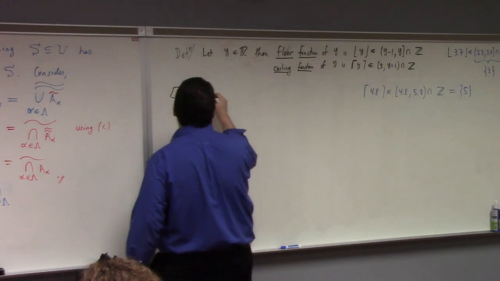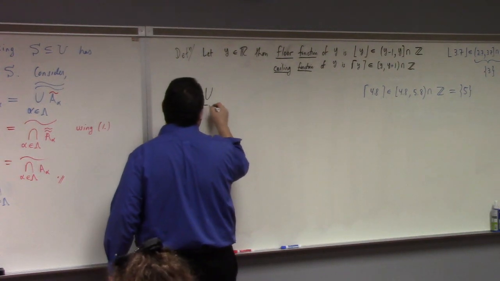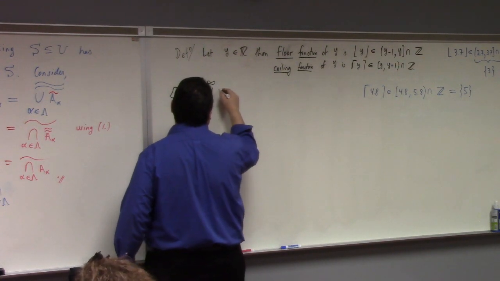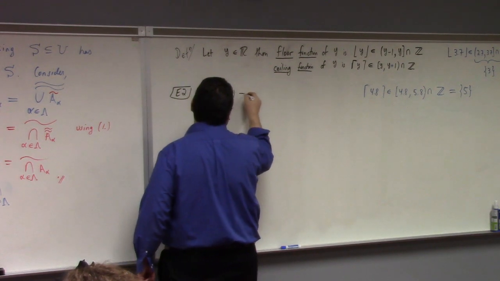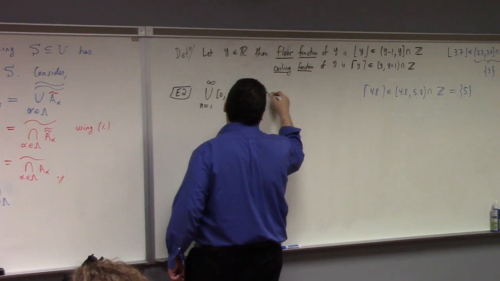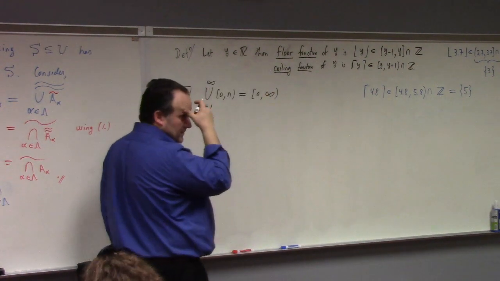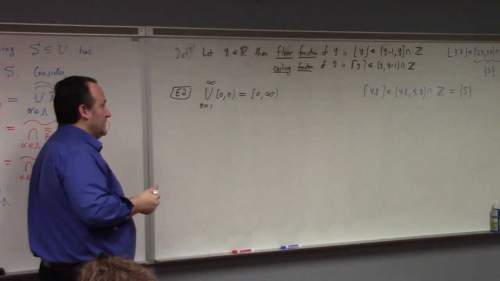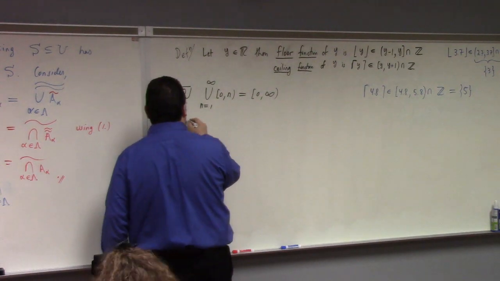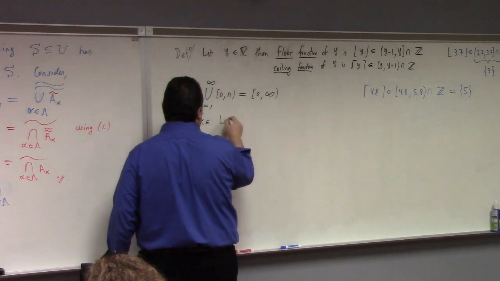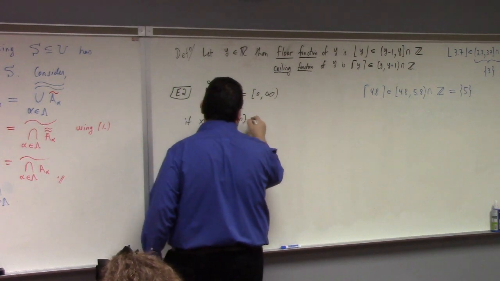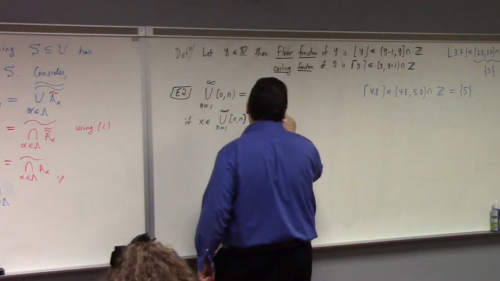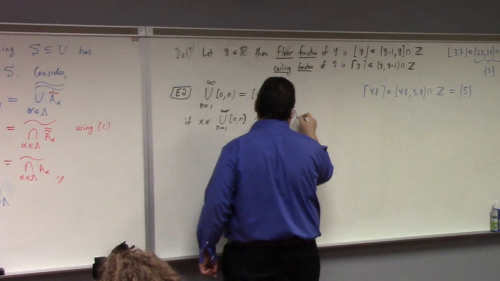For example, the union over n equals 1 to infinity of the interval 0 to n is equal to 0 to infinity, right? So if x is an element of the union over n equals 1 to infinity of 0 to n, then there exists n in the natural numbers such that what?